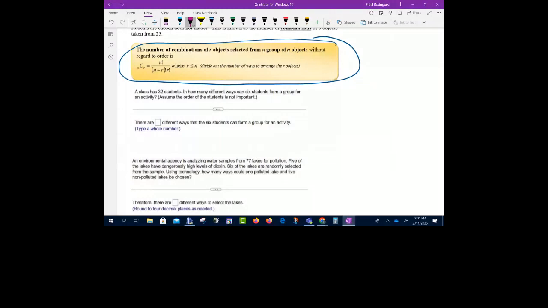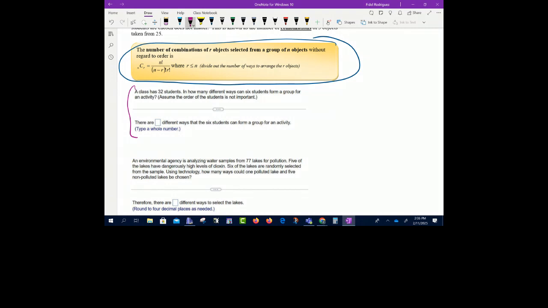So let's take a look at the first problem that I have right here, and we'll set up this combination problem. So it says, a class has 32 students. How many different ways can 6 students form a group for an activity? So y'all, if there's 6 of us and we're going to be in a group, it doesn't matter who's the first one in the group, who's the second in the group. We're all in the same group together, okay?